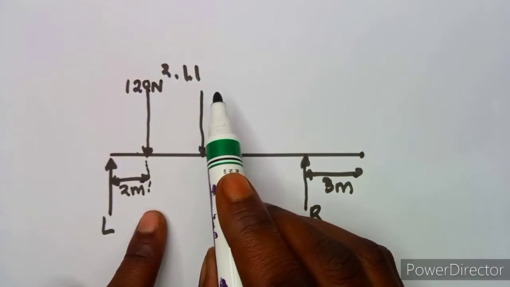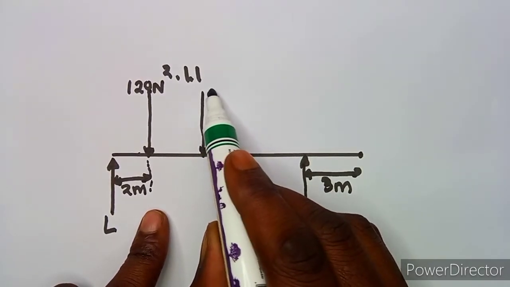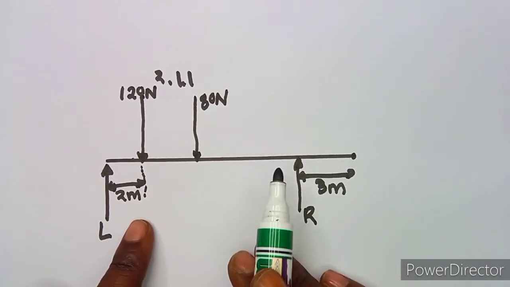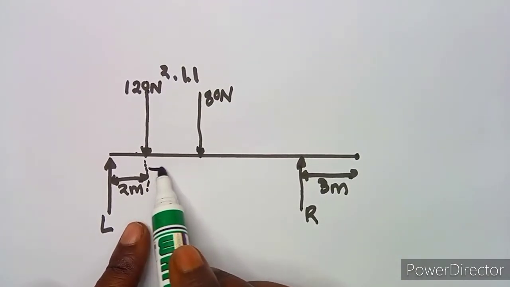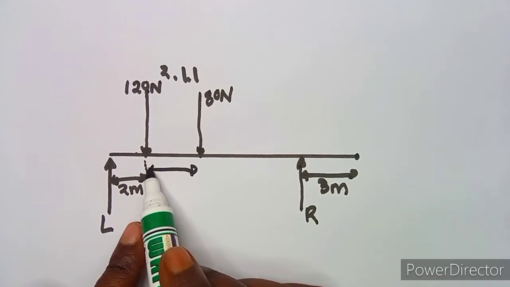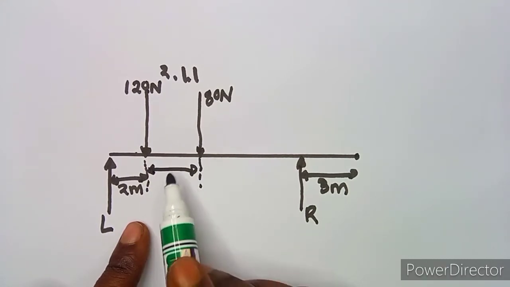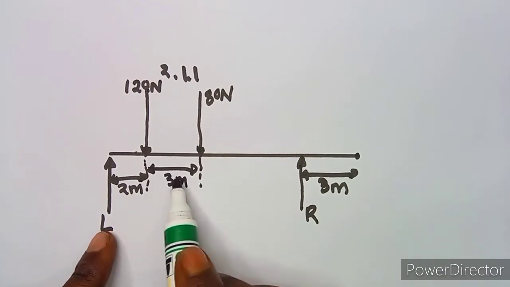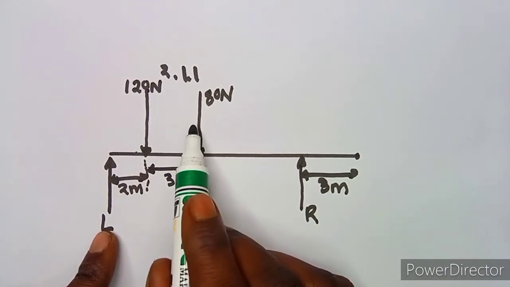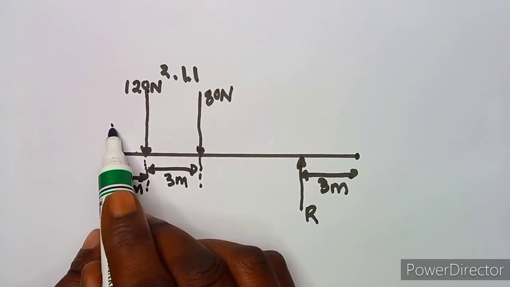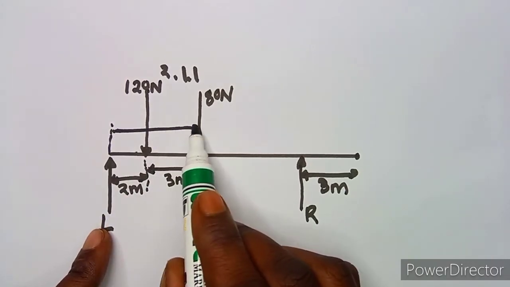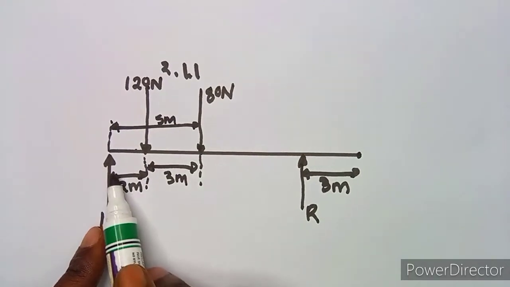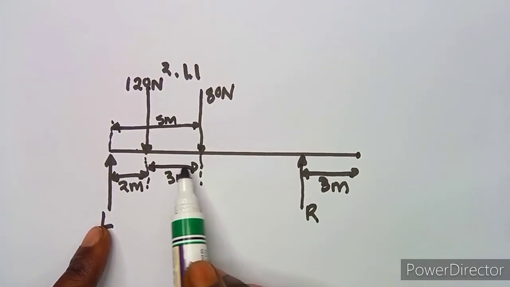So this is a force of 80 newtons, and it's 5 meters from the left, which means in between these we are going to have 3 meters. So 5 minus 2, we are going to have 3 meters, because from this point here, that's where we are having 5 meters, but this is 2, so we are going to remain with 3 meters here.